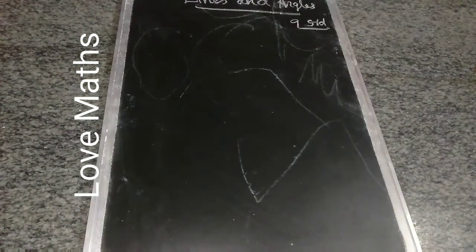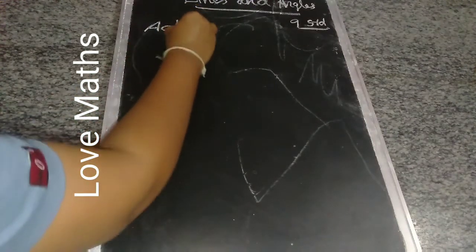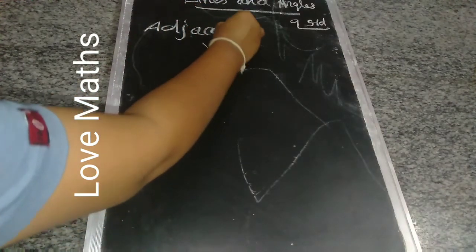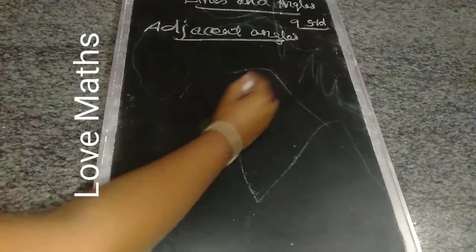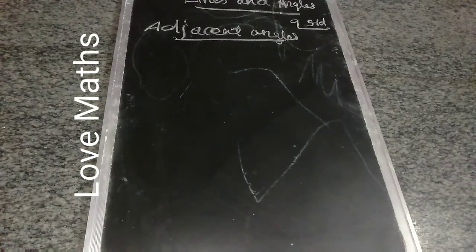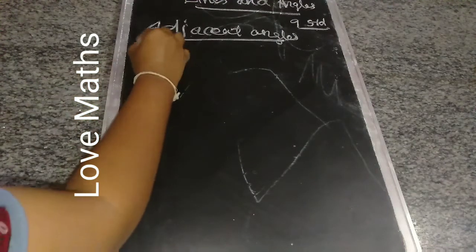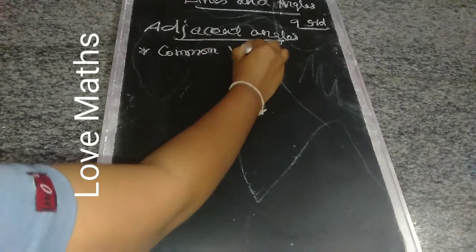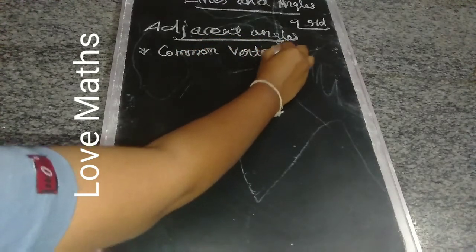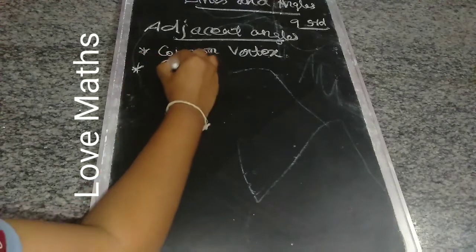Next are the adjacent angles. What is meant by adjacent angles? Two angles are said to be adjacent angles if they satisfy three conditions. What are the three conditions? A common vertex, vertex meaning point. Next, a common arm.